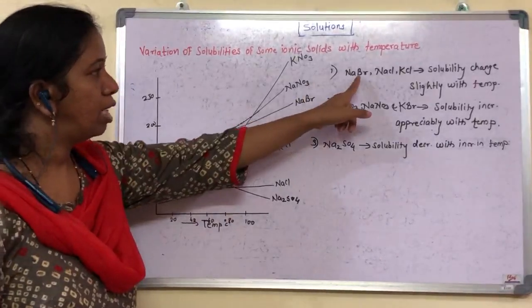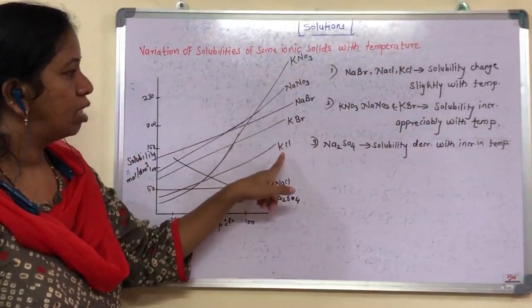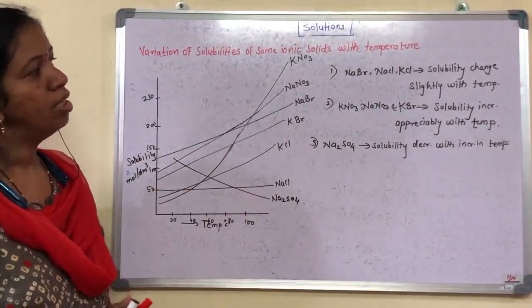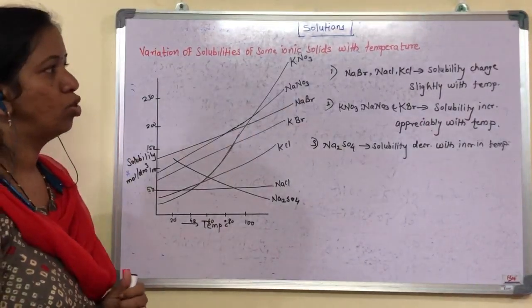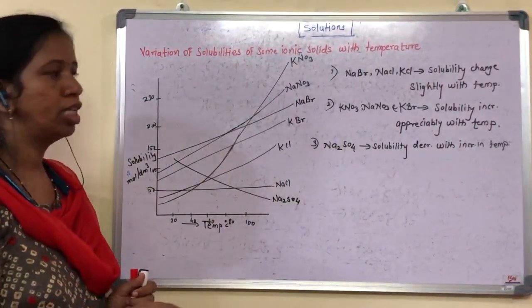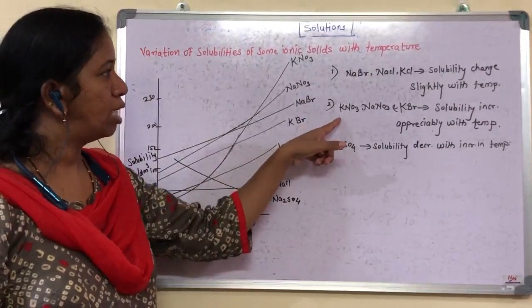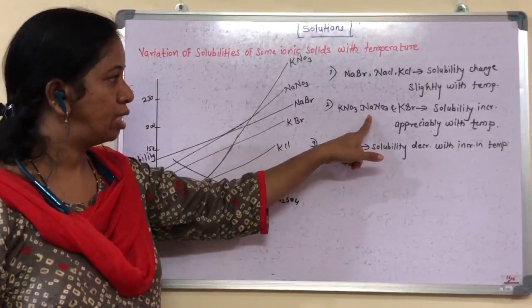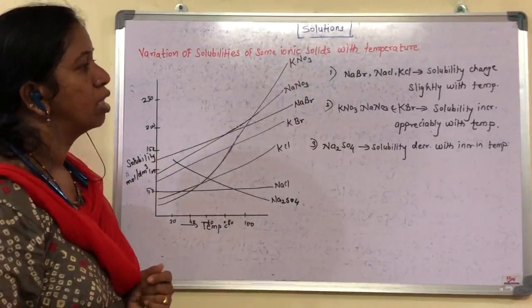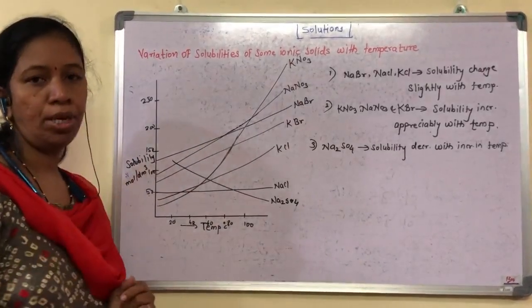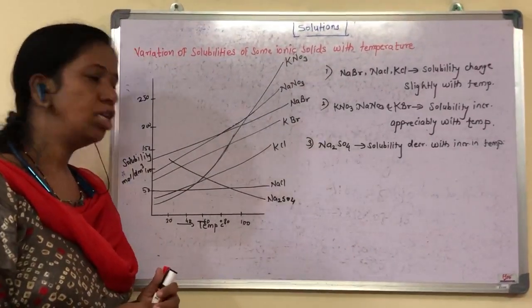First, NaBr, that is sodium bromide, sodium chloride and potassium chloride, NaCl, KCl and NaBr, are ionic solids whose solubility changes slightly with an increase in temperature. Next are potassium nitrate, sodium nitrate and KBr, whose solubility increases appreciably with temperature, meaning if temperature increases they are highly soluble.